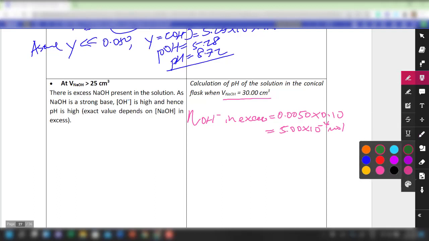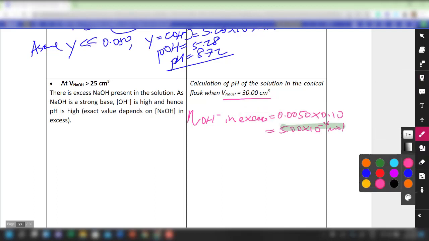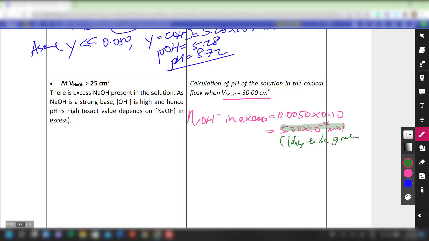And this number is likely to be much greater than the amount of OH minus due to hydrolysis of ethanoates. So therefore when we calculate the pH of the final solution, when we added sodium hydroxide in excess, we will not consider the contribution of the OH minus from the salt hydrolysis.